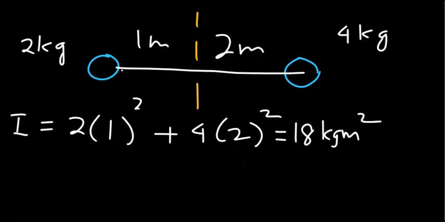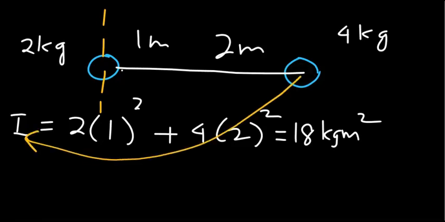Now let's try to change the axis of rotation for the same system. We will try to make the system spin about an axis passing through the 2 kg object like that. So the other 4 kg object will spin like that, for example, in a circular trajectory.